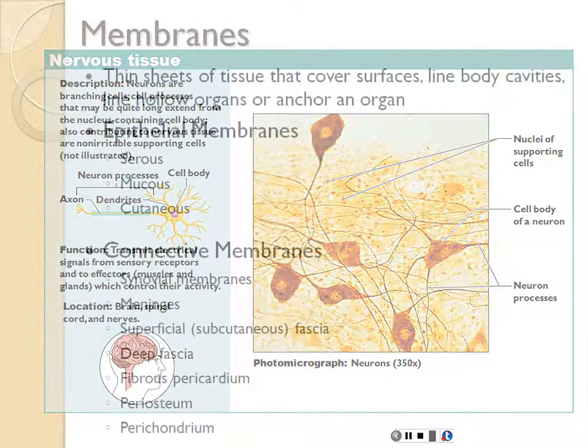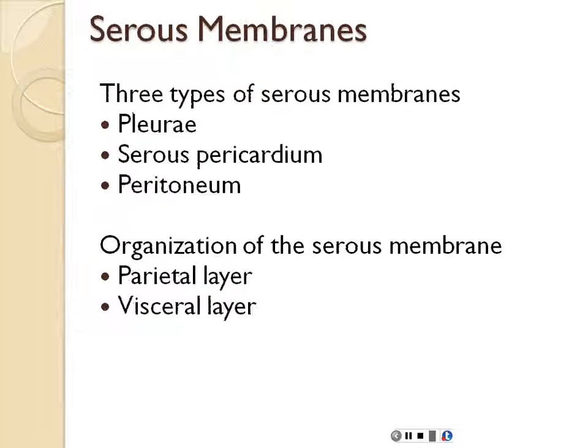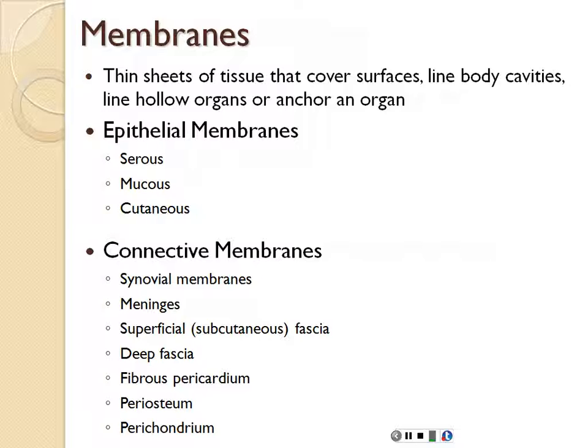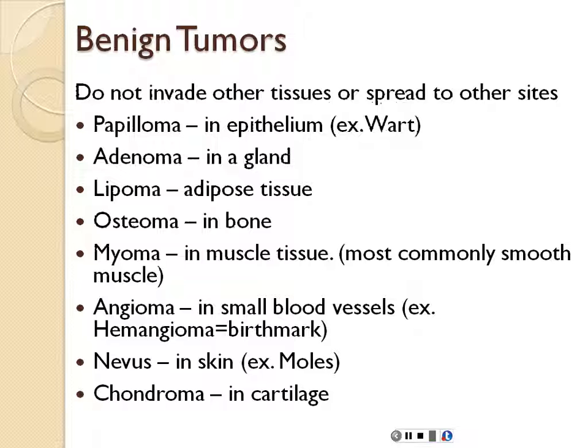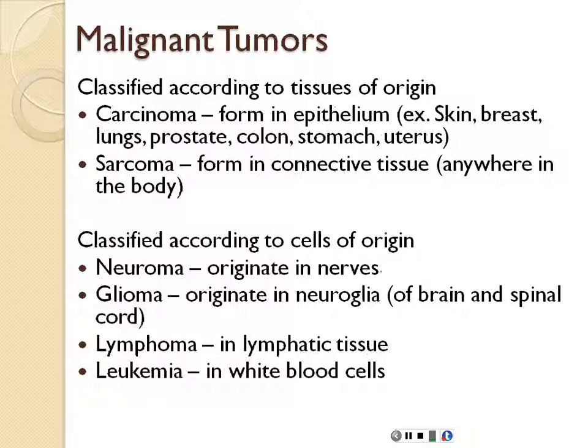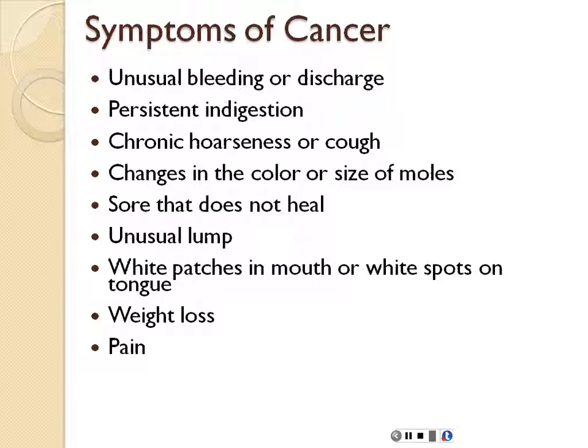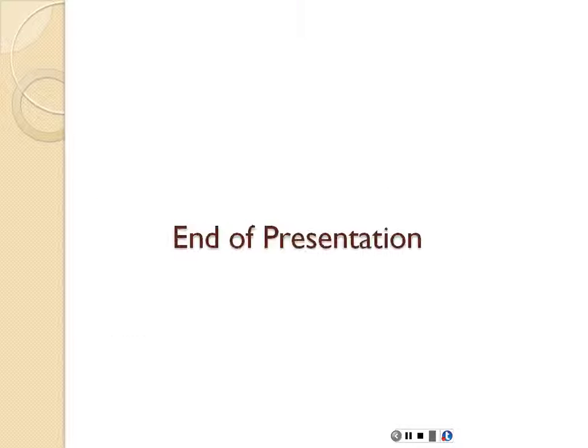Okay? So we already went over these. And then you all know the types of tumors. Just have an idea when you see those what the differences are. All right, so that is chapter 4.